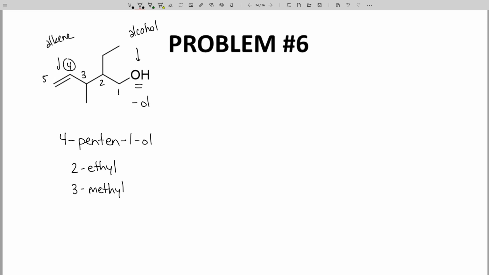Now let's just put it all together. Alphabetize our substituents. Ethyl comes before methyl. That looks good. And now, 4-pentene-1-ol. And again, if your instructor uses a different style, they might write this as pent.